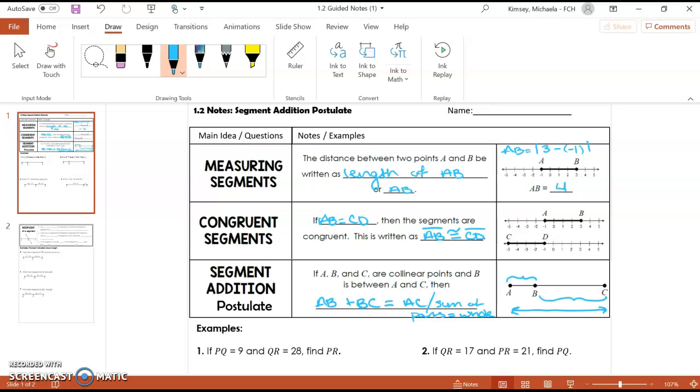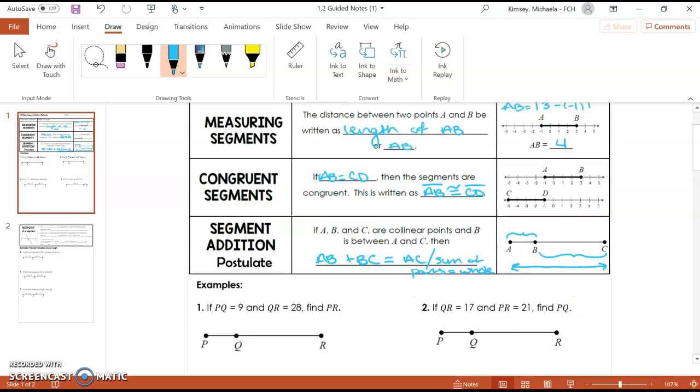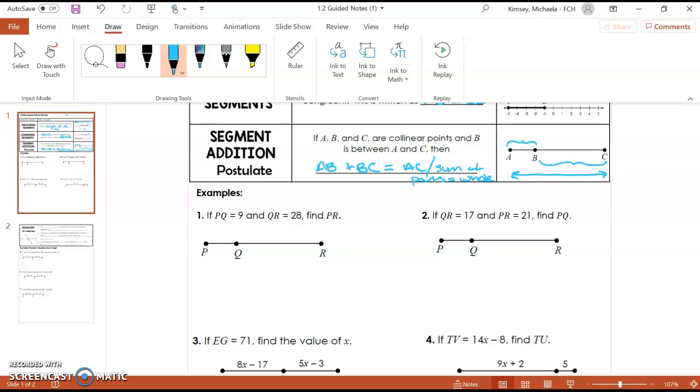Okay? So then let's do an example. If we have PQ, so this is PQ. We know that PQ equals 9 and QR, which is right here, equals 28, and we want to find PR, which is this entire segment. What we're going to do, and I need you to do this 100% of the time, is write an equation.